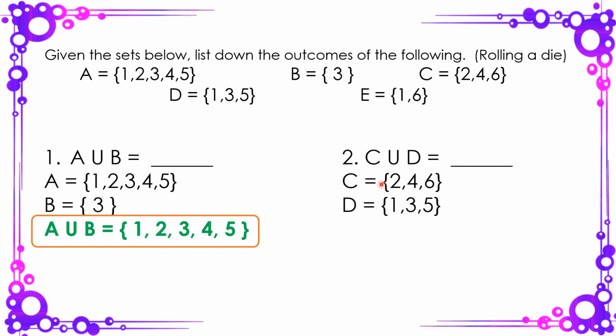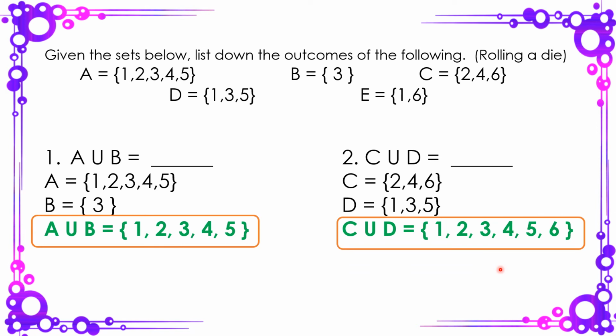Again, in union, just simply copy all the elements or the possible outcomes in both events. So C union D is equal to 1, 2, 3, 4, 5, and 6. So that is our answer.